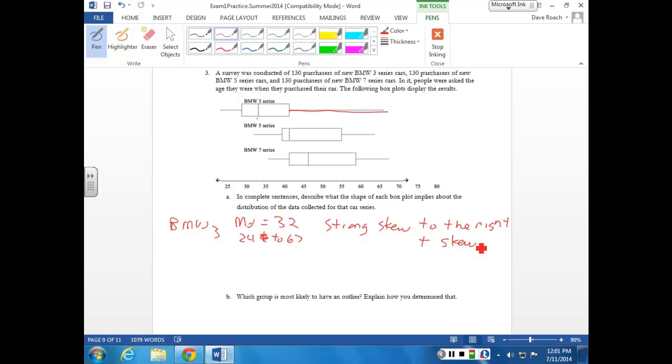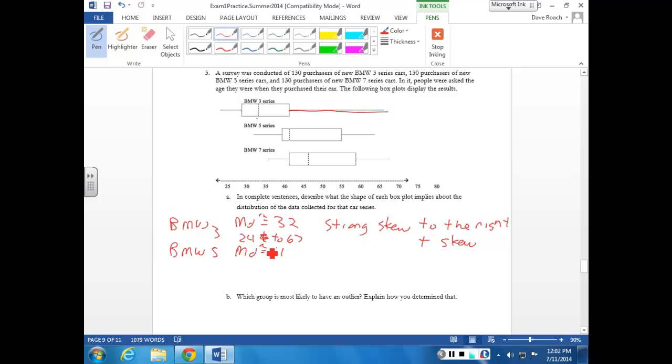For the BMW 5, and I'm not writing in complete sentences here like it says, but I write too big on here. The median is a little bit higher. It's low 40s maybe. I should put approximately. And a little less spread out.